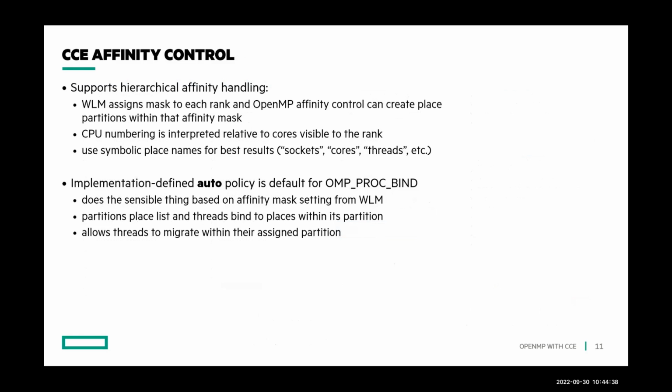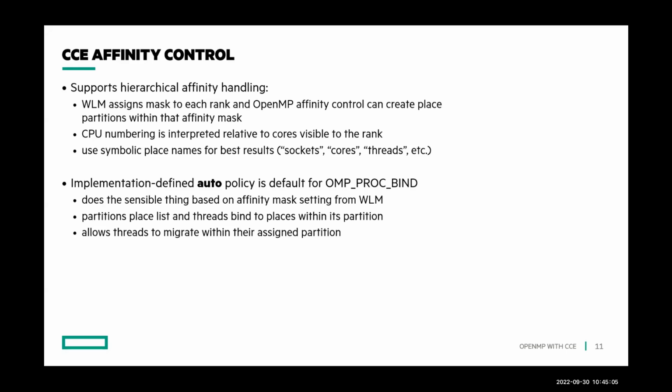With CCE, the CPU numbering is interpreted relative to cores visible to the rank. And I think different implementations might handle that differently, where they do an absolute numbering for the entire device, but we interpret them relative to within the rank.